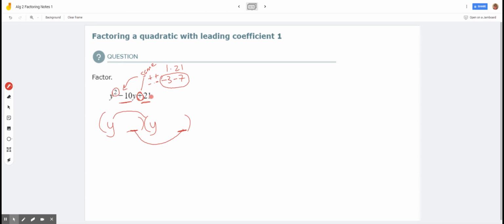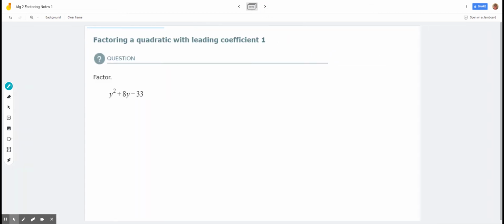And when you add them, you get negative 10. So it's minus 3, minus 7, or minus 7, minus 3. It doesn't matter. Check it. I'm going to check it always in a different color if I remember. Y squared minus 7y minus 3y plus 21. Combine that. Y squared minus 10y plus 21. And there it is, right there.